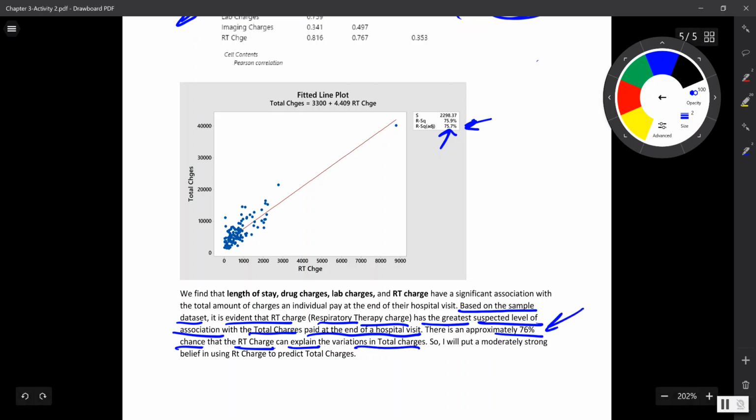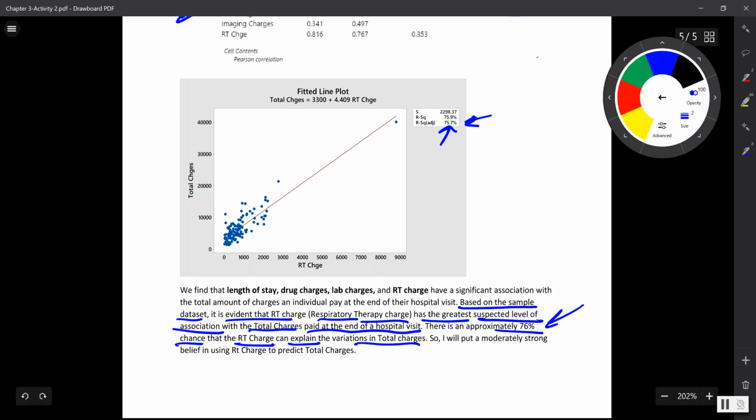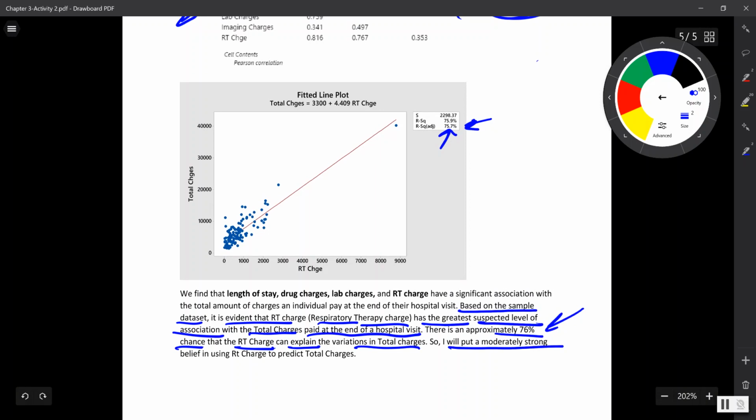That is a pretty strong, reliable variable to use to predict how much the person would pay at the end of their stay in the hospital. With that, I would say I will put a moderately strong belief in using respiratory charge to predict total charges.